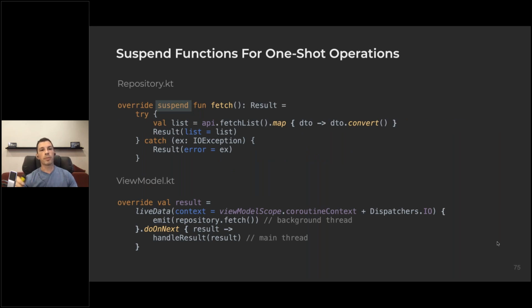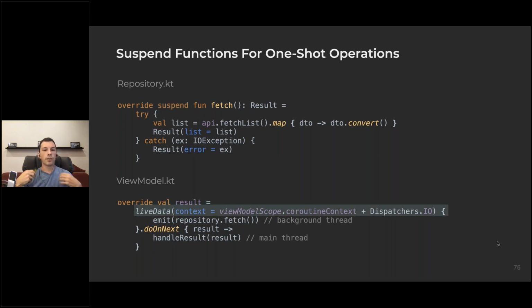Also, for a one-shot operation, when we expect just one value from our repository, which can be a success or error event, we can mark our fetch function in our repository as a suspend function, then do it in a regular way.